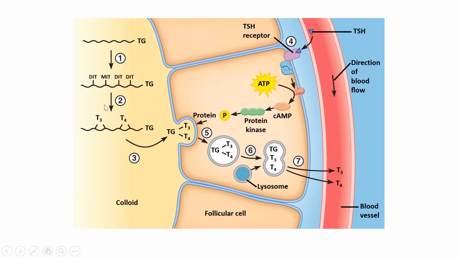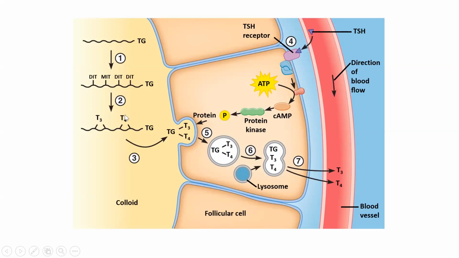So we start off with these residues. So we've got diiodotyrosine and then monoiodotyrosine, which is these DIT and MIT residues that basically latch onto this thyroglobulin and form thyroid hormone. If we've got 3 of those residues, it's T3. If we've got 4 of those residues, it becomes T4.